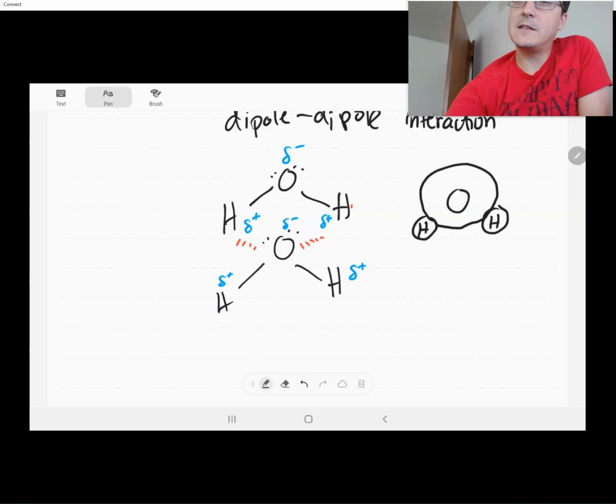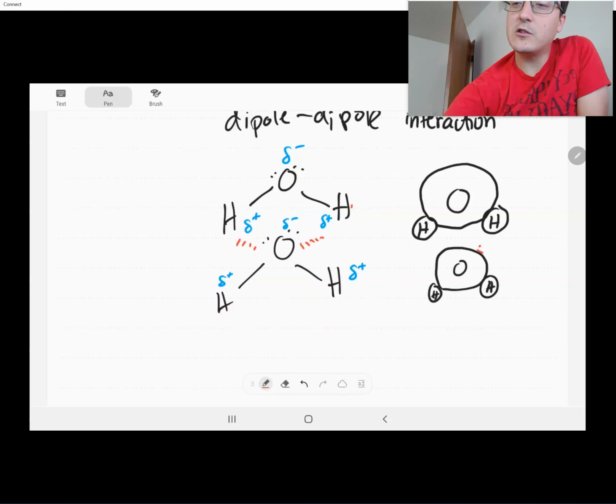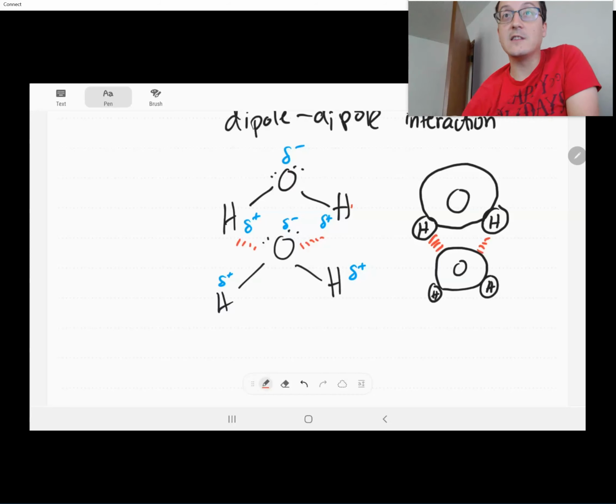And so we're going to see that another oxygen can actually get pretty close to those hydrogens. Because the hydrogens are so small, since hydrogen is one of the smallest atoms, right? It's just a proton and an electron, very, very small. We're going to see that that oxygen can get up really close to those hydrogens.